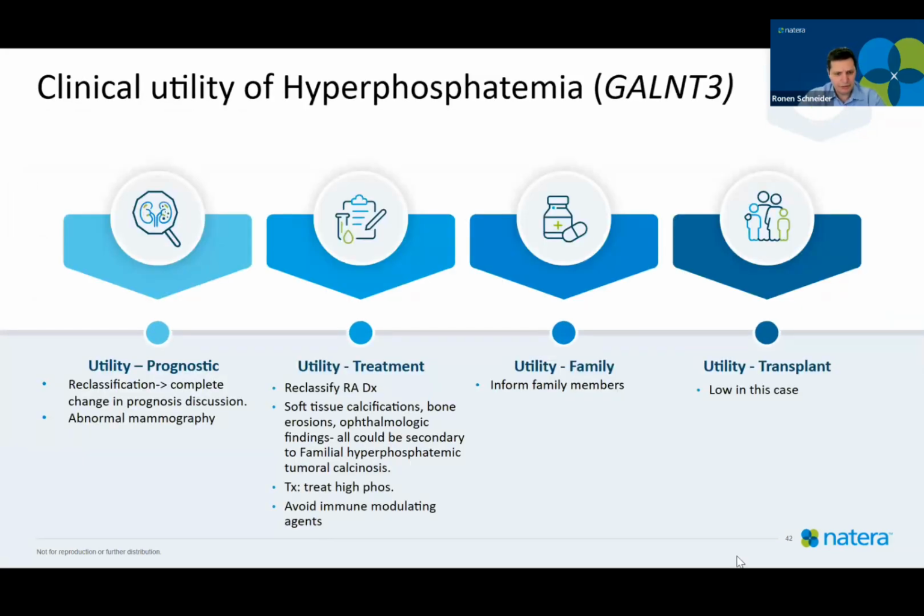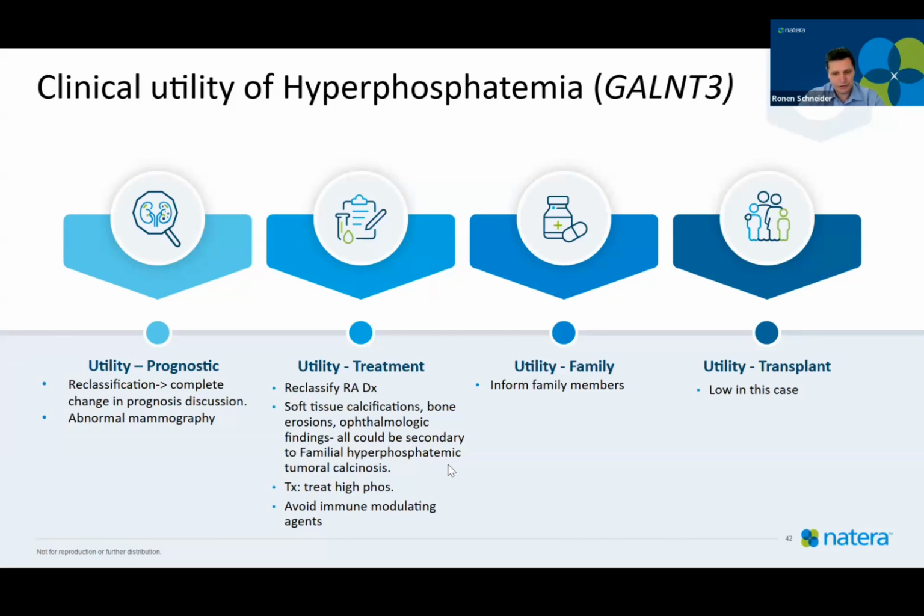The utility here in terms of prognostic, one, and I think very importantly, it completely reclassified her disease, which wasn't a CKD diagnosis before. It was rheumatoid arthritis. But now we know that most of these findings, joint, angioid streaks, and other findings like abnormal mammography with calcifications, were all secondary to this GALNT3 mutation.